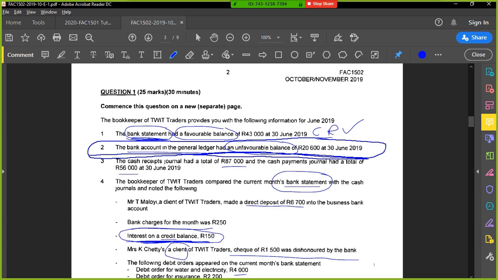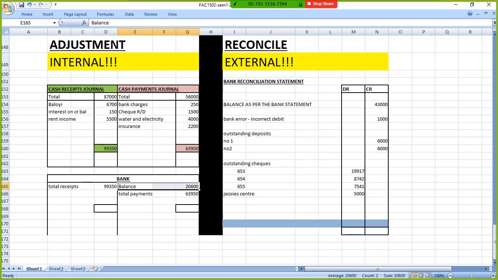The accounts in the general ledger, unfavorable liability. Okay, thanks. Okay, balances account, which side looks bigger? 99,000, 20 debit plus side. 63? The debit side. Correct.